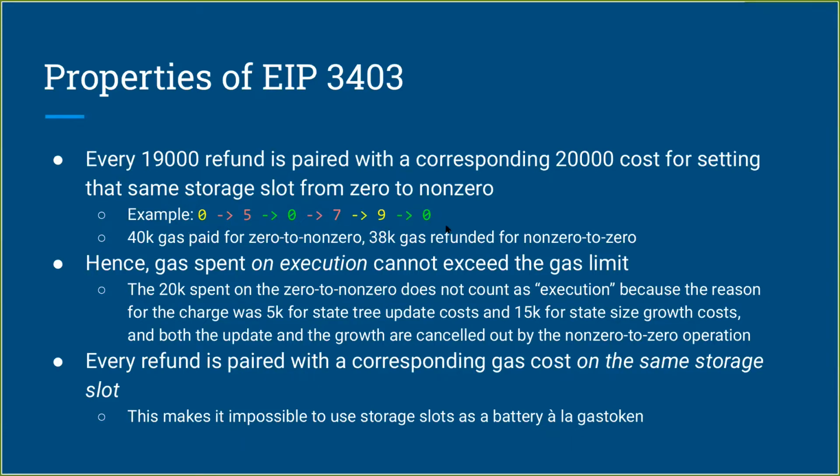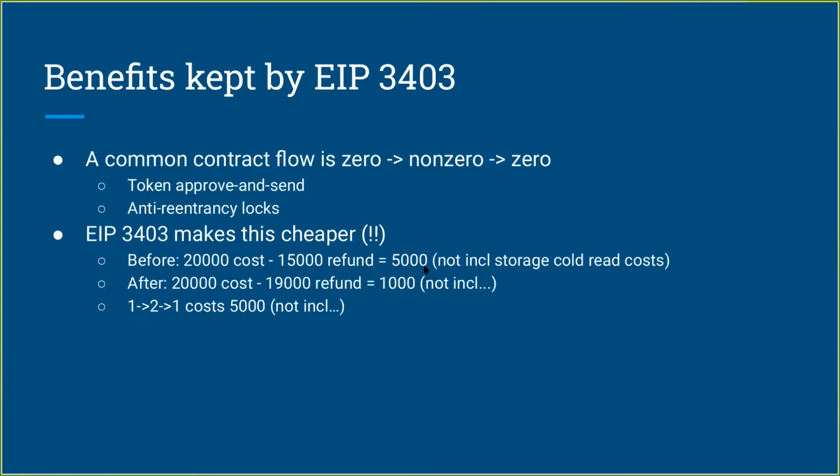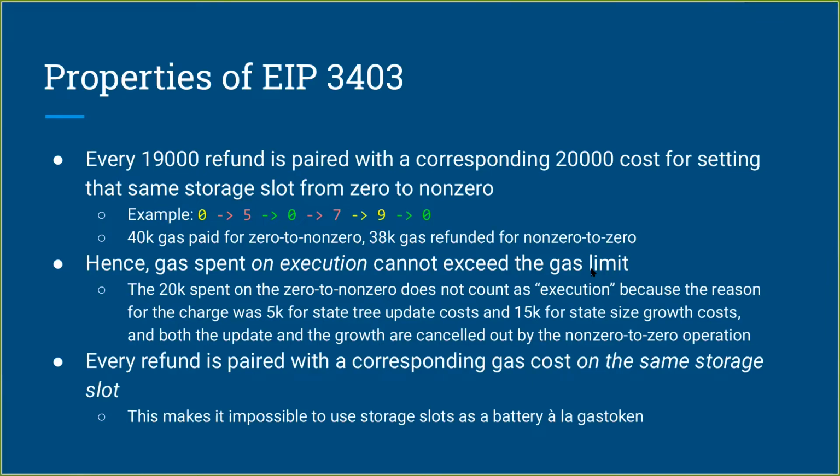So in this example, you would get your 38,000 gas refunded from the 2 greens, but the 2 greens just have to have these 2 corresponding reds, which cost 40,000 gas to actually set the storage slot to non-zero. So the result of this is that the gas spent on execution cannot exceed the gas limit at all, right? What I mean by this is that the 20,000 being spent on 0 to non-zero doesn't really count as execution, because the reason this cost is 20,000 in the first place is 5,000 for updating the state tree and 15,000 for growing the state size.